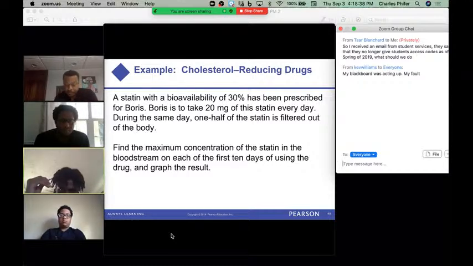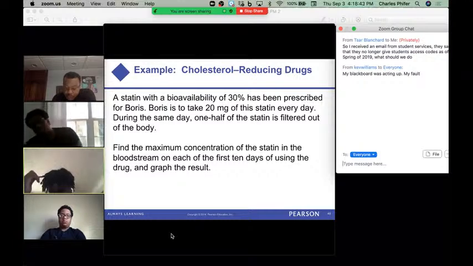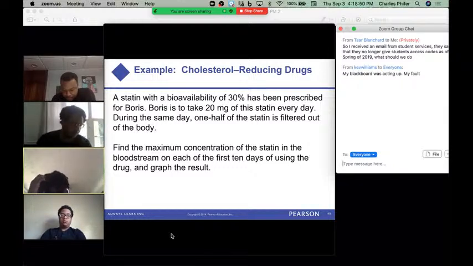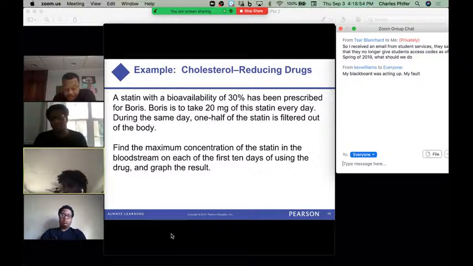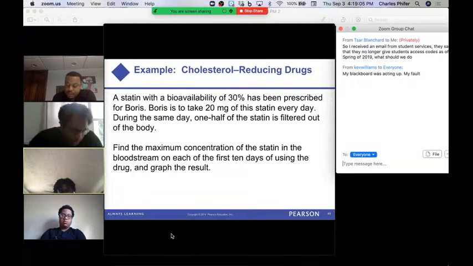Let me see. So if we can make a function, right? Is the function linear? It says a bioavailability of 30% has been prescribed. Boris is to take 20 milligrams of the statin every day.